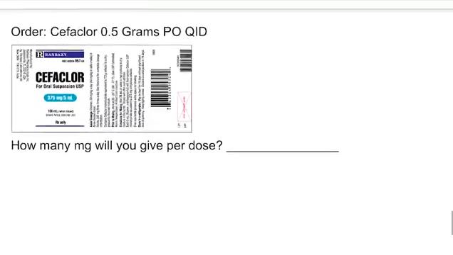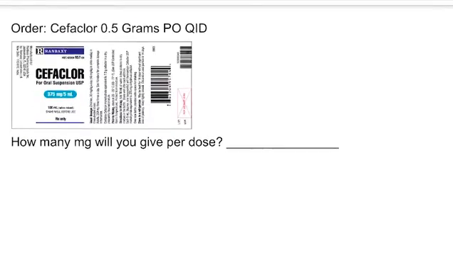Moving right along. How many milligrams per dose? Oh, milligrams per dose. Okay, so right now I'm thinking, what do I need to know? I don't care about my drug label. Milligrams per dose is my doctor's order. So don't get distracted by anything else. That's why you say, what do I need to know to answer this question?